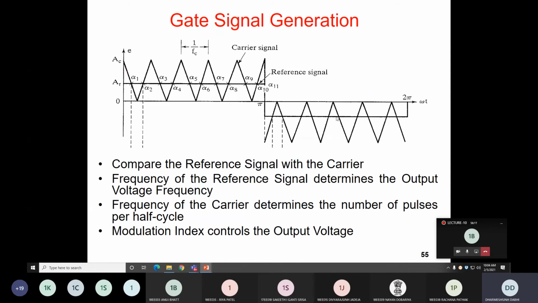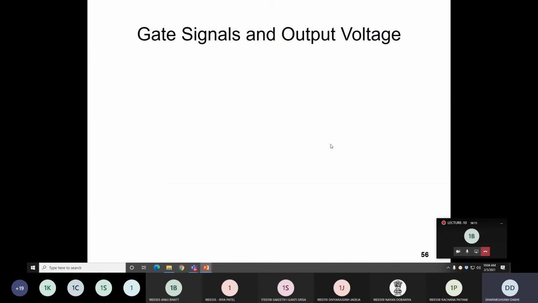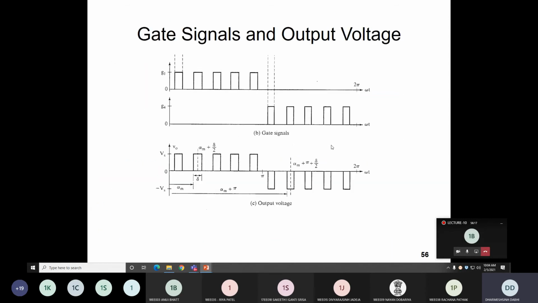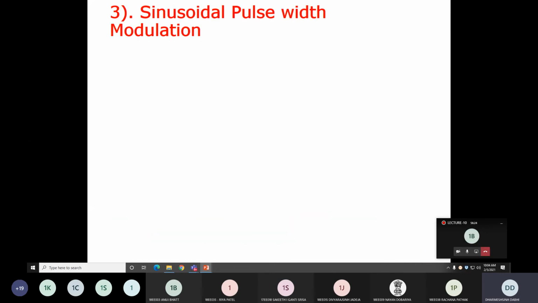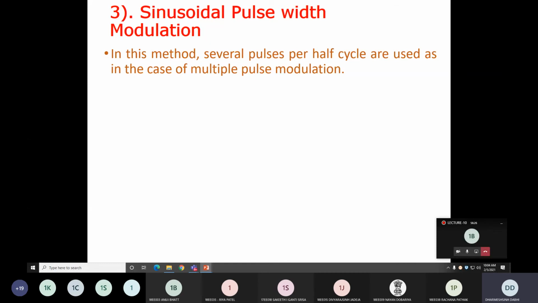But in sinusoidal pulse modulation, as the name says, we take a pure sine wave as the reference signal. We compare the sine wave with the high frequency triangular wave, and the width of each pulse varies according to the magnitude of this sine wave.